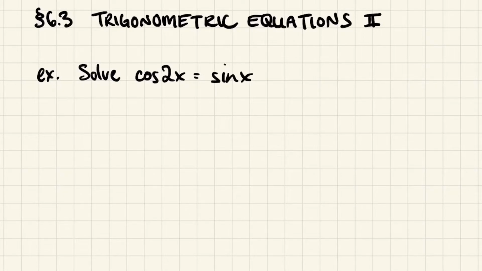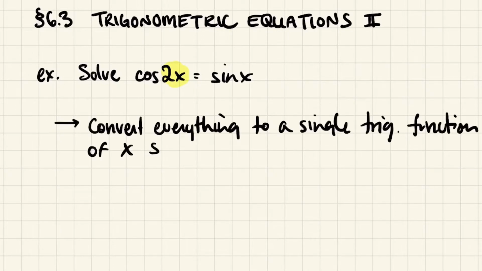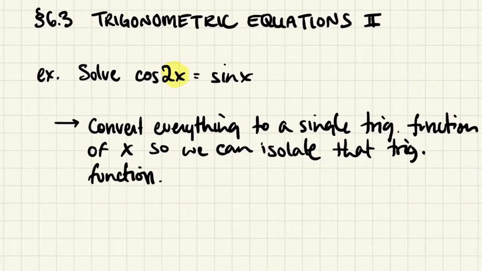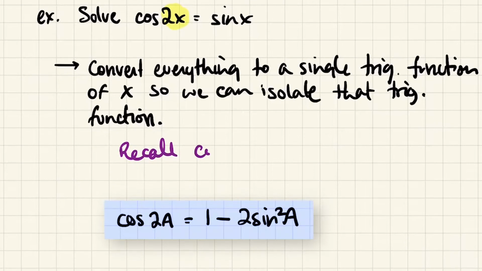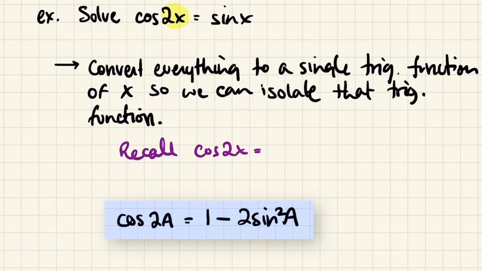So you can see in this example that we have a double angle right here, cosine of 2x, and we need to find a way to write all of these in terms of a single trig function so we can isolate that trig function. So here, let's recall that cosine of 2x as an identity is 1 minus 2 sine squared of x.